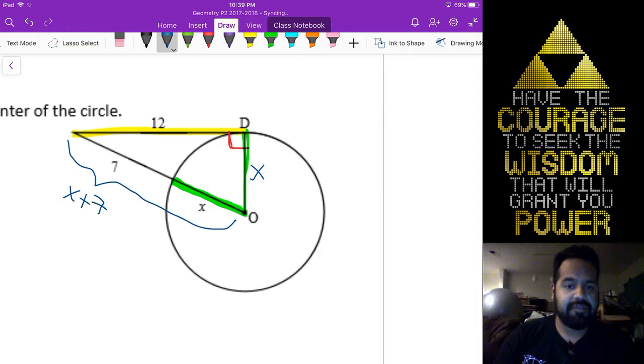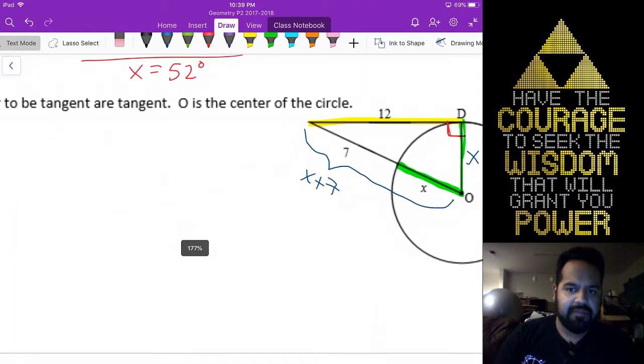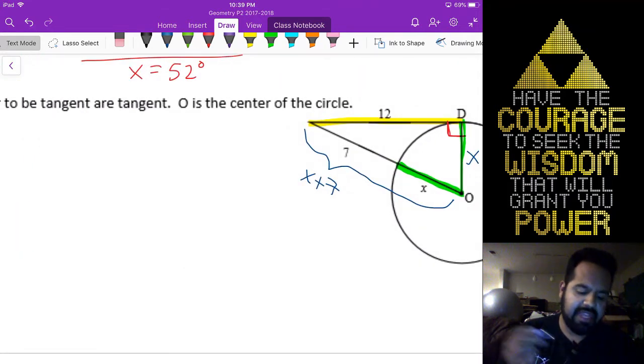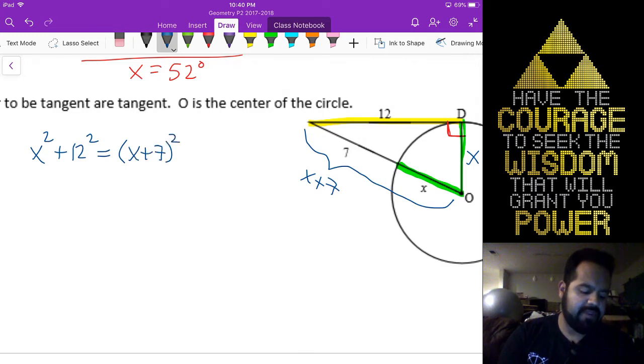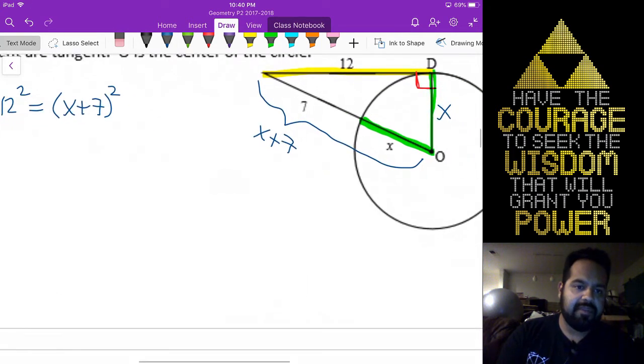Now this is crucial because if you remember, I told you all that we're going to be doing the Pythagorean theorem a lot. Well, there's my right triangle, so we can actually go straight ahead to it. x squared plus 12 squared equals the quantity x plus 7 squared. If you don't remember what to do for that right-hand side, just a little quick revisit.